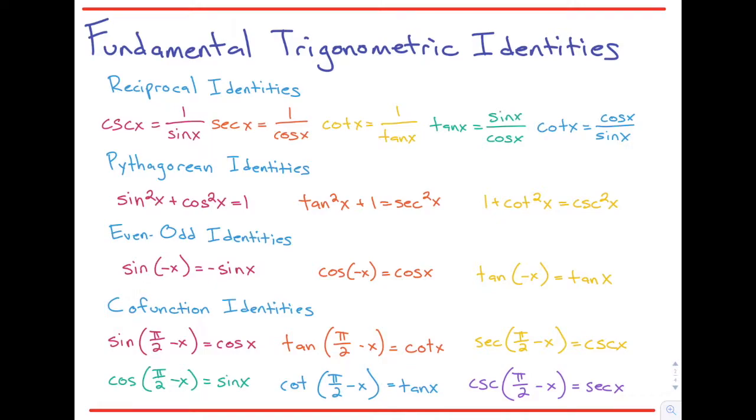If we factored a negative out of any one of these particular cofunction identities, we would have negative quantity x minus pi over 2. And what that tells us is that sine and cosine can be transformed into one another by flipping it over the y-axis and then shifting it over pi over 2 units to the right.